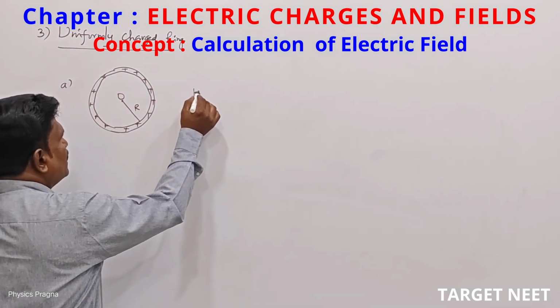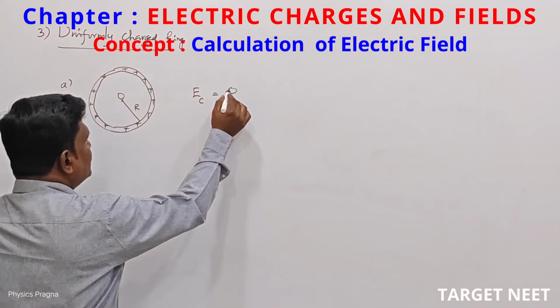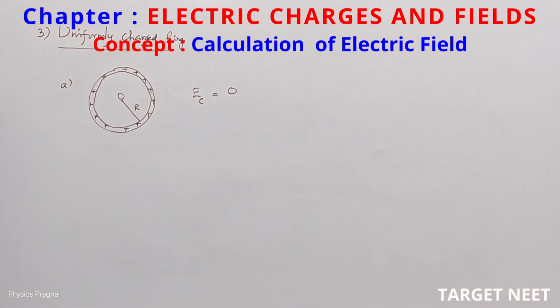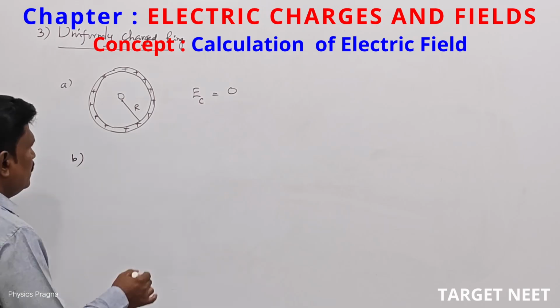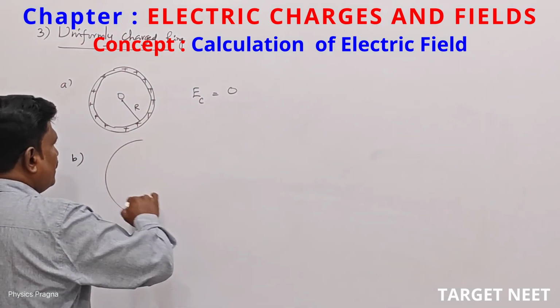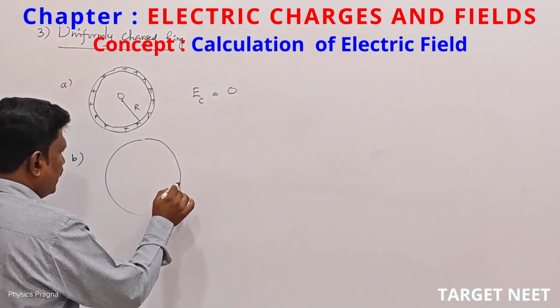So we know that the electric field at the center is 0 for the ring. And next B, we have taken a ring.